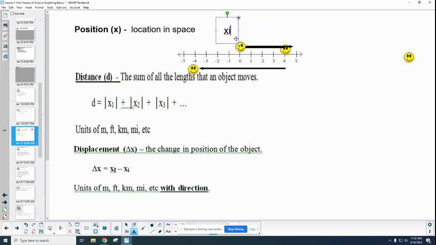That's where the smiley face started in the beginning, which was located at 0 meters. And we traveled to the right 4, and then we traveled back 8 to the left. Our final position, which is xf for final, we're gonna figure that out, and that was at negative 4 meters.